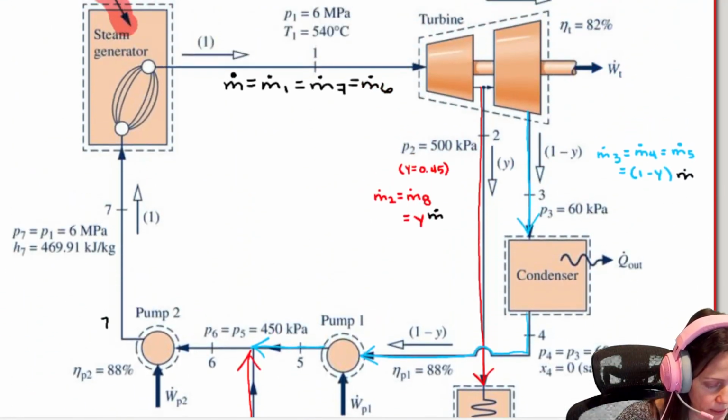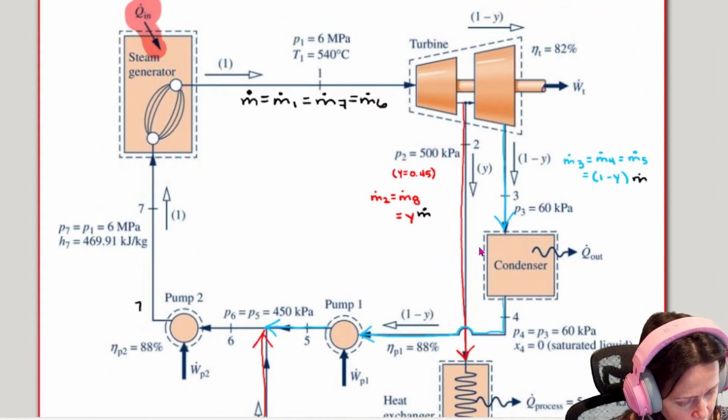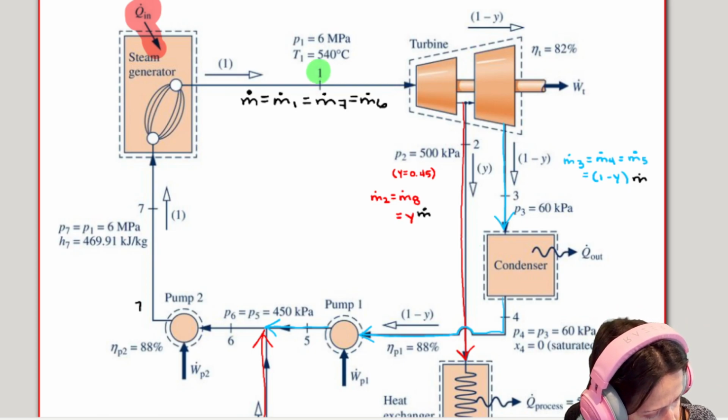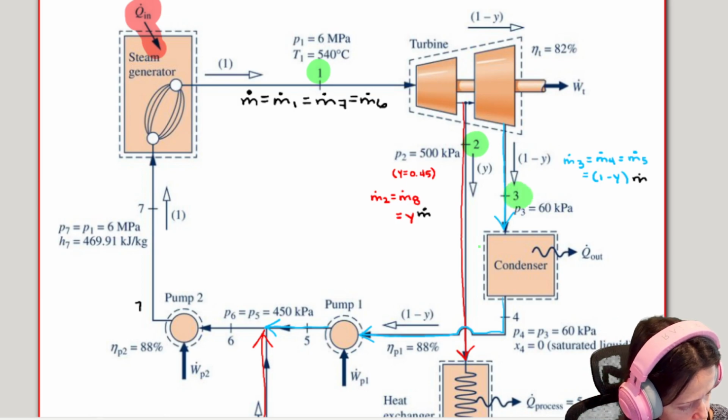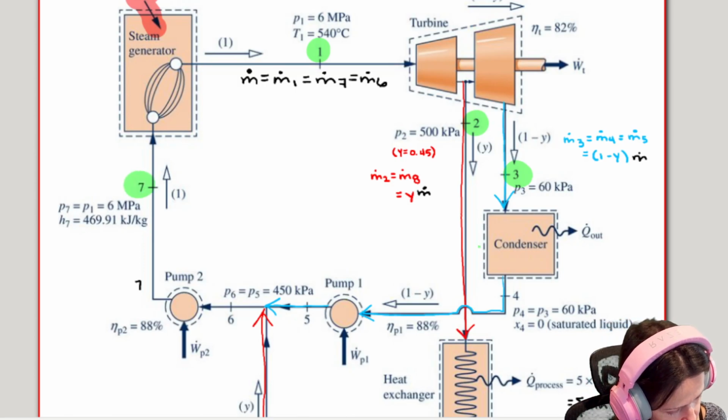See what else we need to get. I know that some of these things are given to us, so I just want to go through and highlight what I've got so far. I've got state 1, state 2, state 3. It looks like state 7 is given to me.